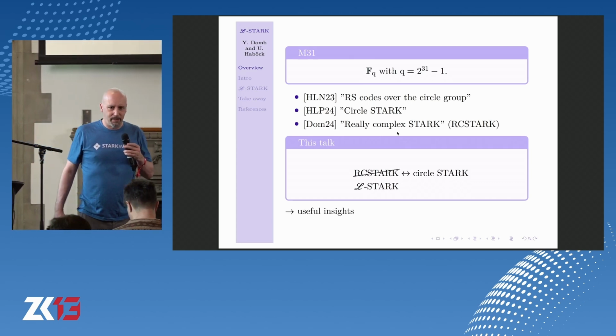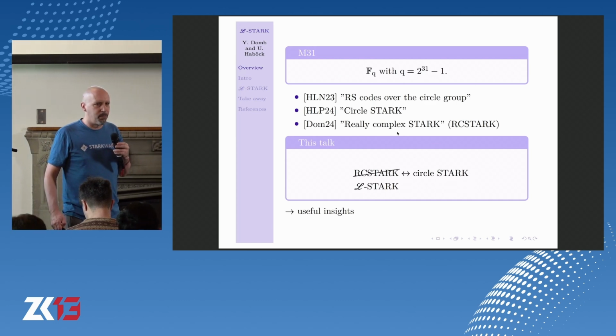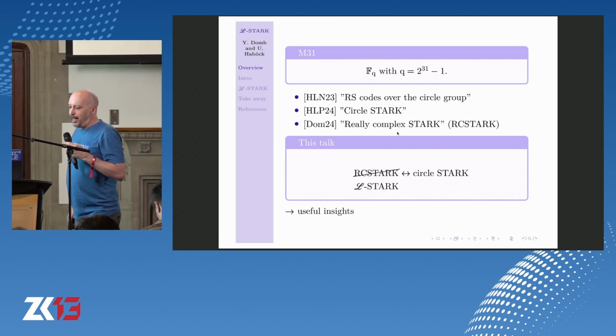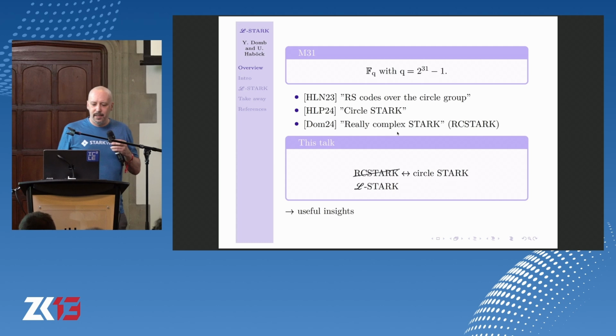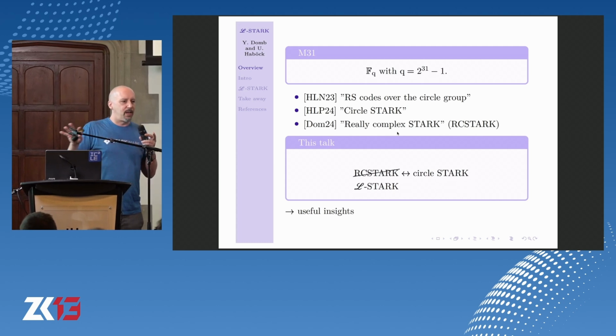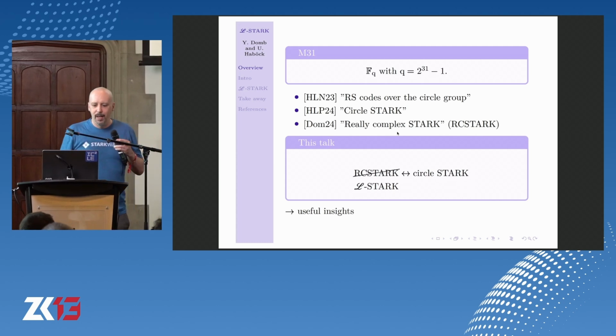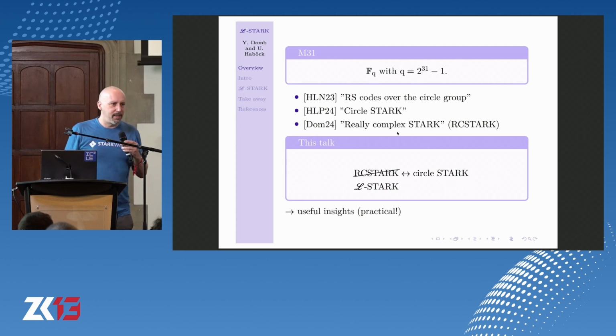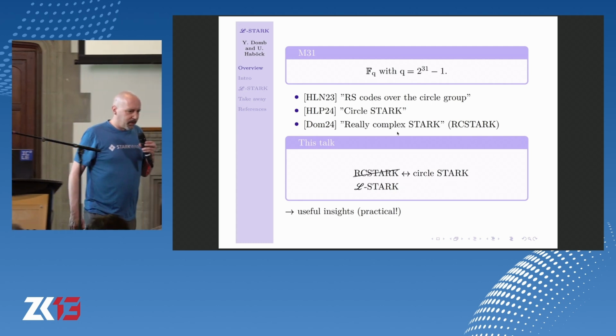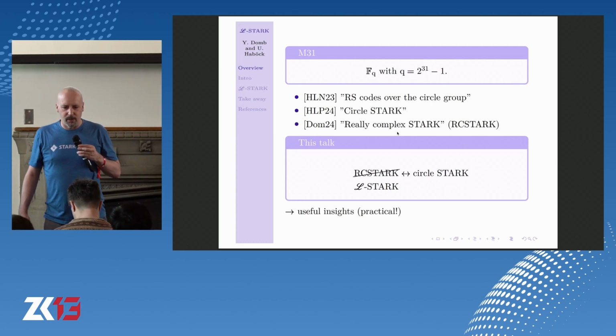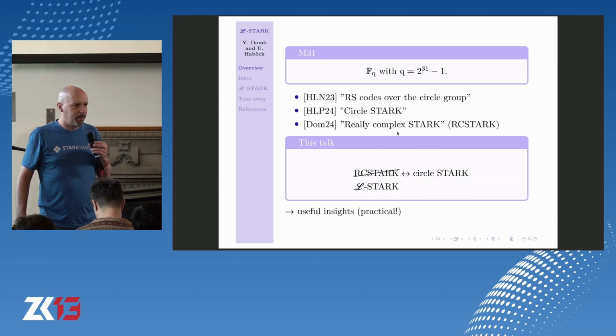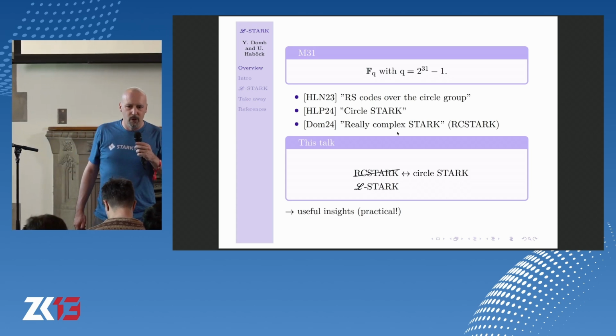Though it's not difficult, it brings not just insight, seeing both Starks working over the same manifold, but it also gives practical insights. In particular, I will talk about two improvements that give the Circus Stark more flexibility if you learn from the Laurent Stark.